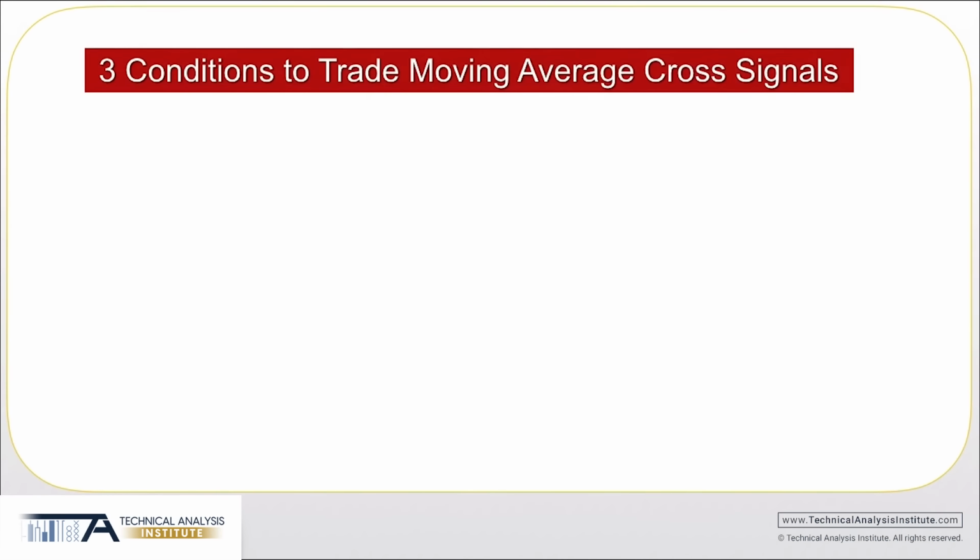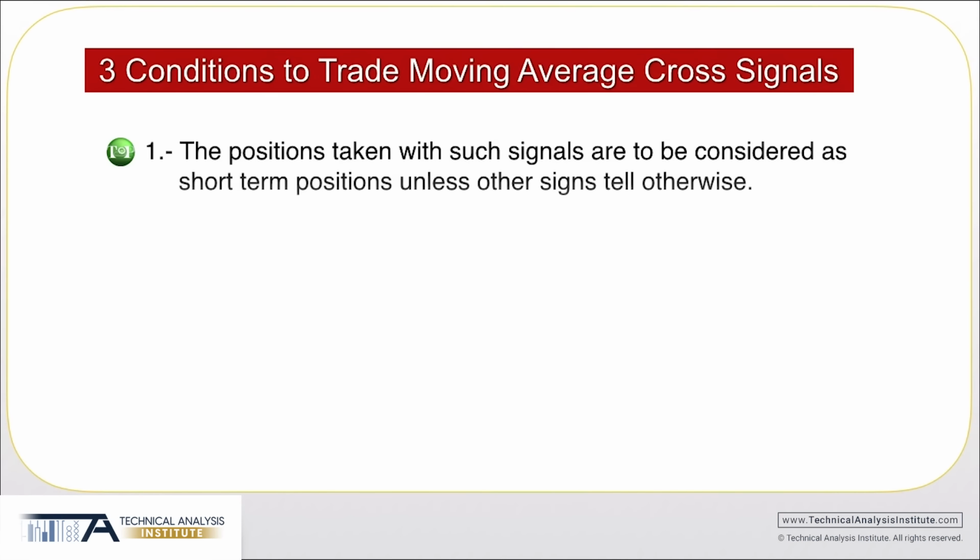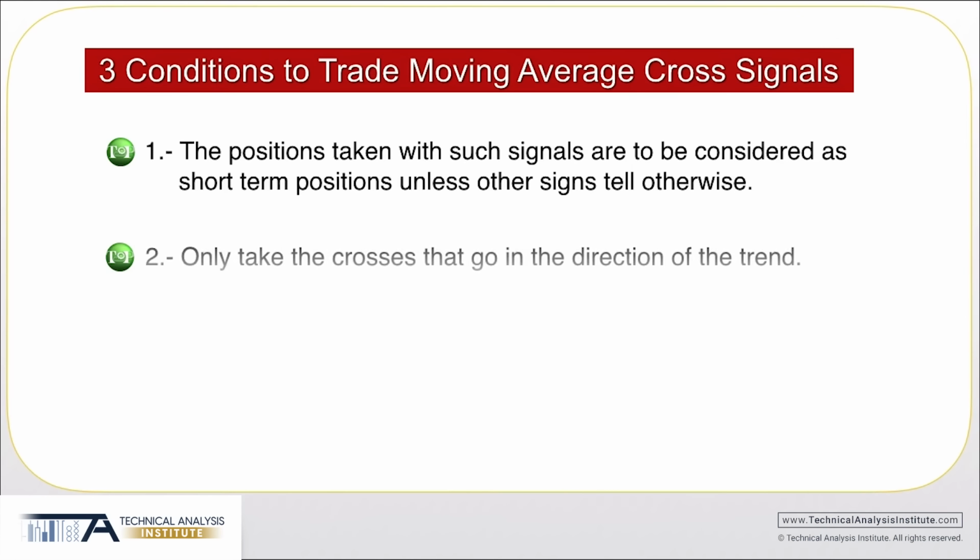The answer is absolutely yes, as long as you follow these three conditions. The first being, the positions taken with such signals are to be considered as short-term positions unless other signs tell otherwise. So a strict exit strategy should be respected. Second, only take the crosses that go in the direction of the trend.